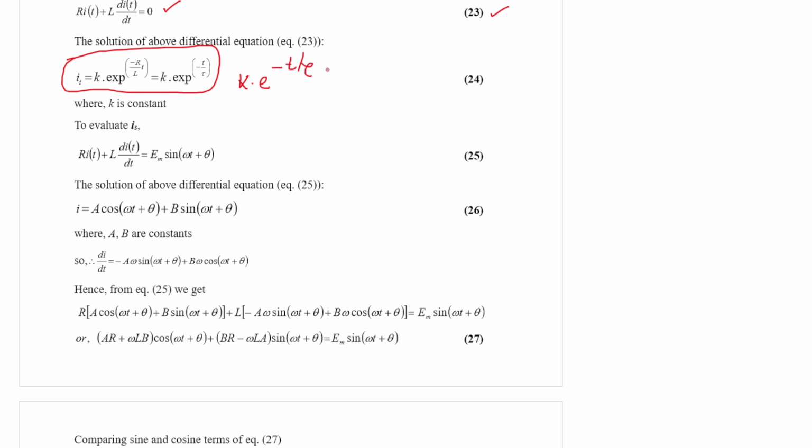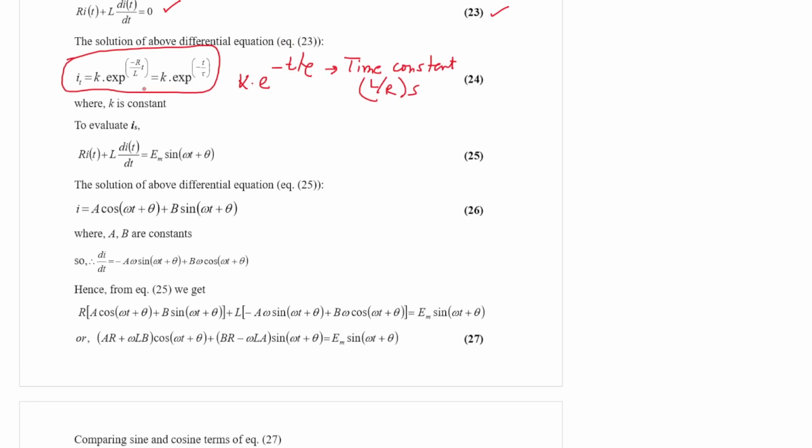What is tau? Tau is the time constant, which is L by R for the series RL circuit. So this is actually the transient solution of the series RL circuit.